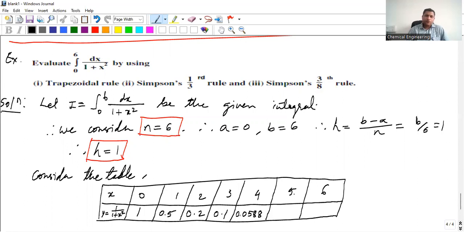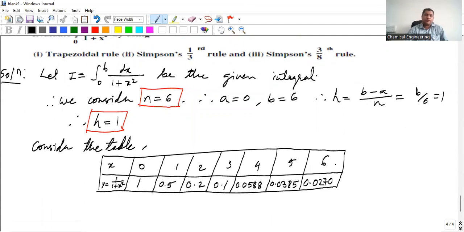If I put 5, then this will be 1 by 26, which is 0.0385. If I put 6, then it will be 1 by 37, so we got 0.0270. Okay, so this is the table that we have constructed.